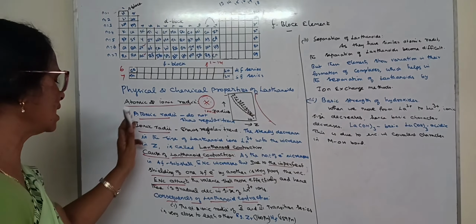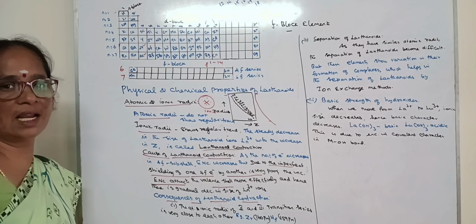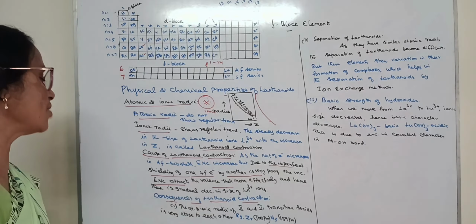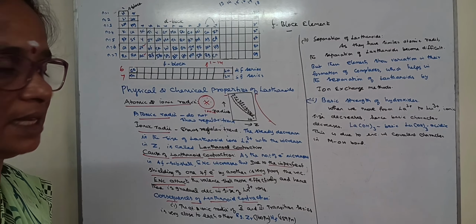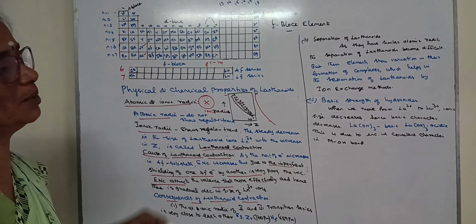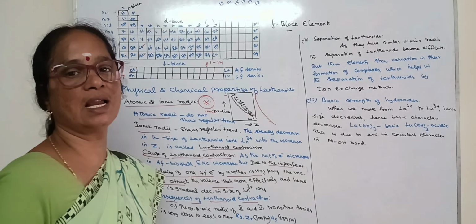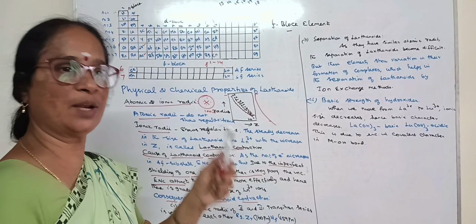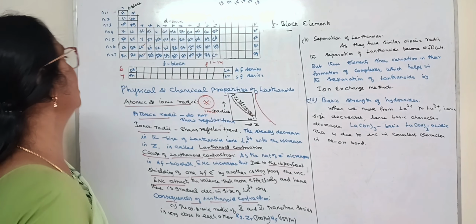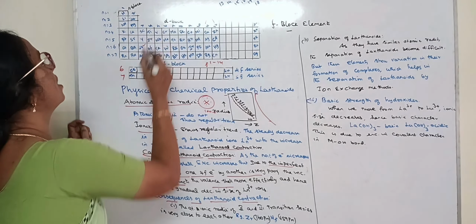Then what are the consequences of lanthanide contraction? The first consequence: because of the similar ionic radii, the second and third transition series of elements exhibit similar ionic and atomic radii, and their properties are also very close to each other. Already we said zirconium and hafnium.